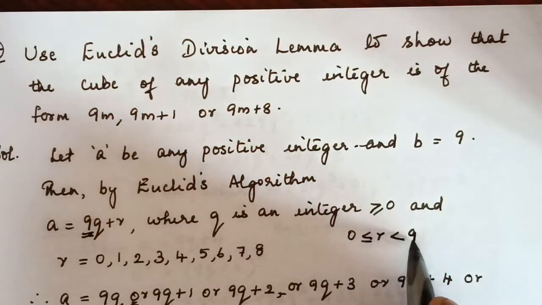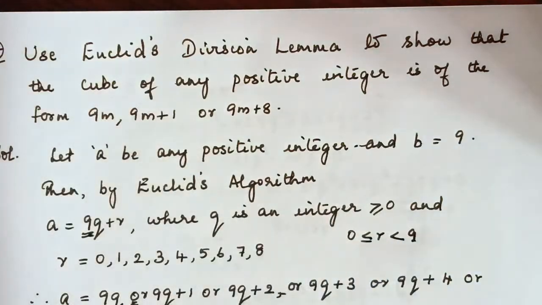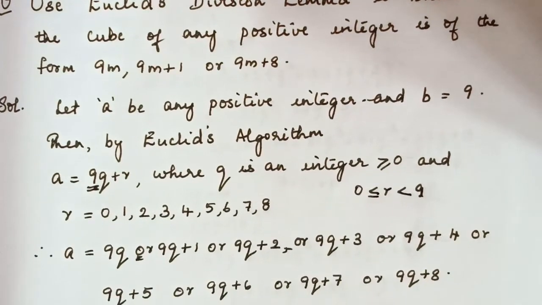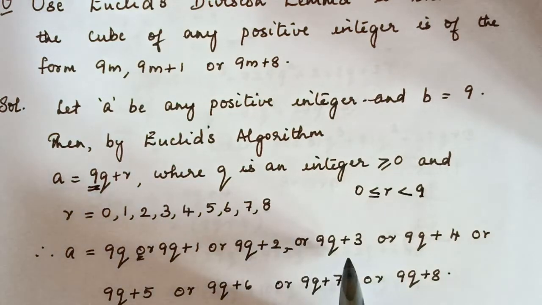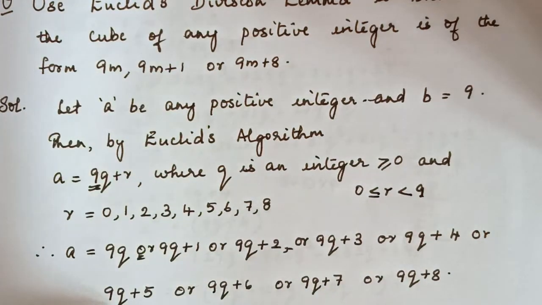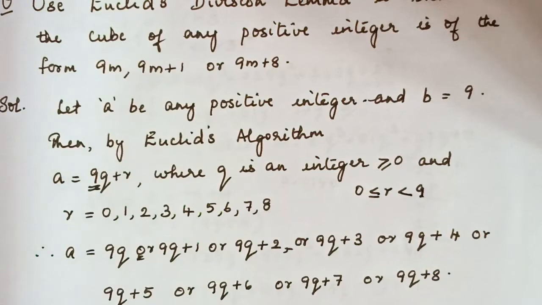So r cannot be 9. r will be a number from 0 till 8. Therefore, a is equal to 9q or 9q plus 1 or 9q plus 2 or 9q plus 3 or 9q plus 4 or 9q plus 5 or 9q plus 6 or 9q plus 7 or 9q plus 8.